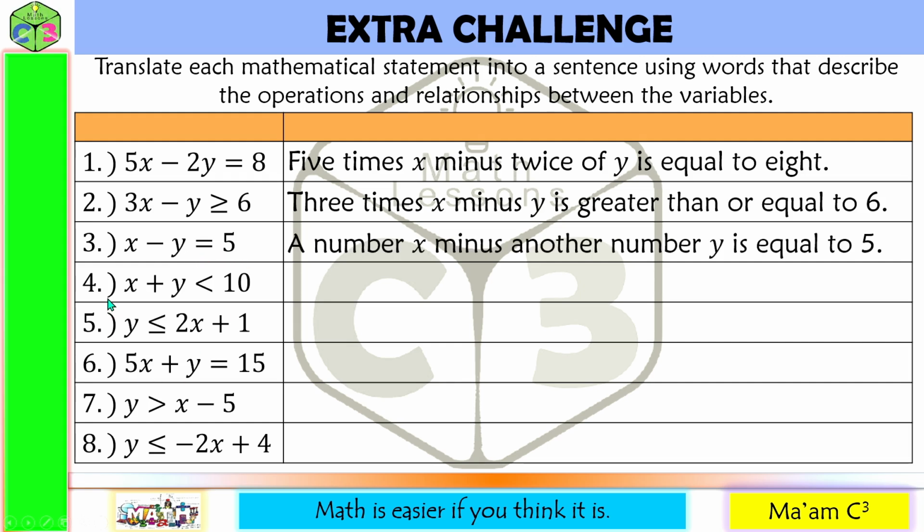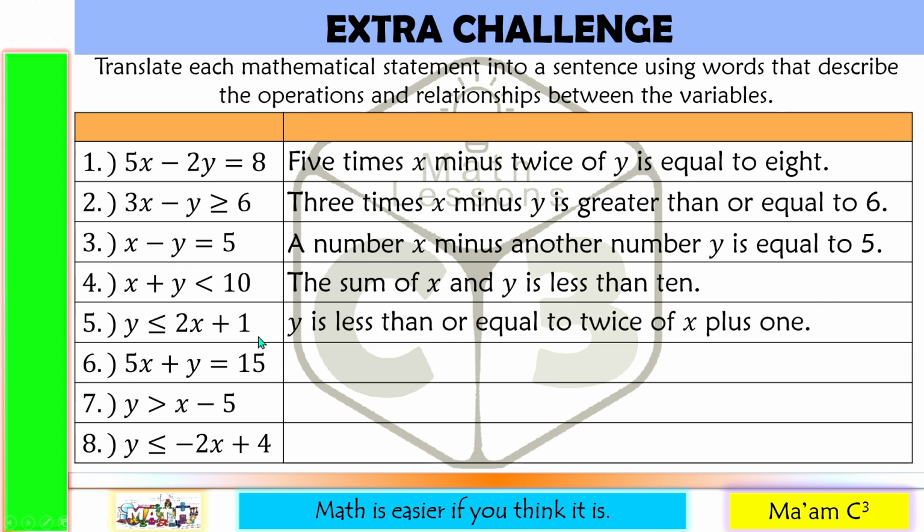Next one, the sum of x and y is less than 10. Next one, y is less than or equal to twice of x plus 1. Number 6, 5 times x plus y equals 15.